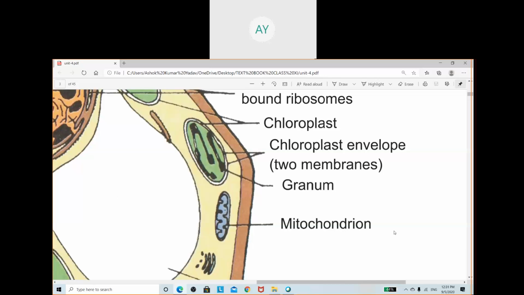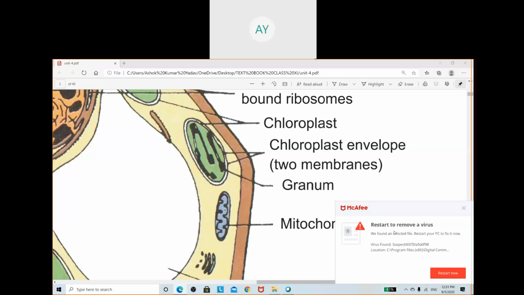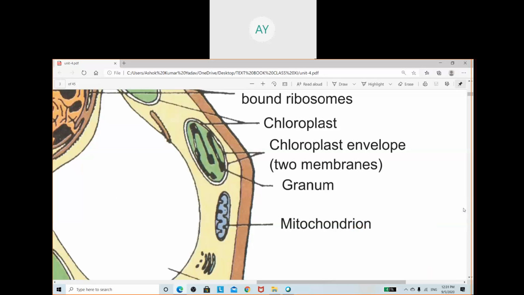Can you tell me the name of the particles in the chloroplast granum? I'm talking about production of ATP. It is CF0, a small c, capital F0, and CF1 particle.